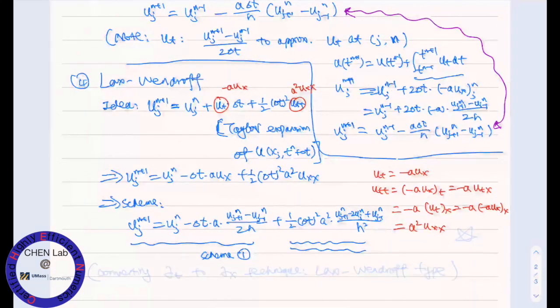This kind of technique, converting the partial derivative with respect to t to the partial derivative with respect to x, can be of higher order, like utt to uxx.